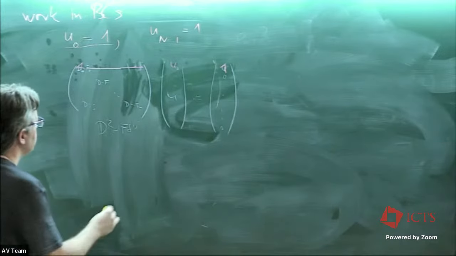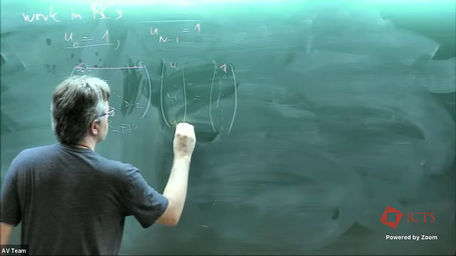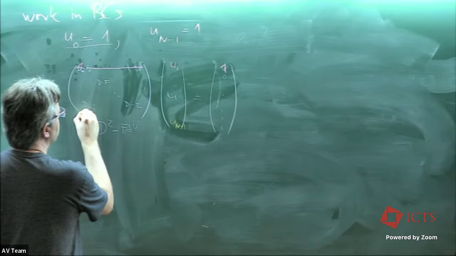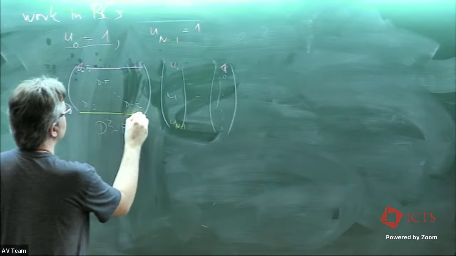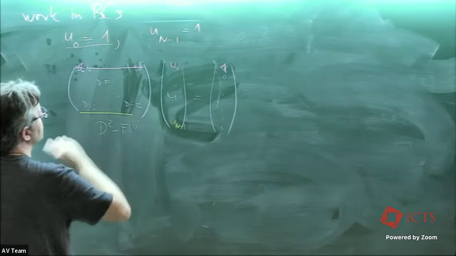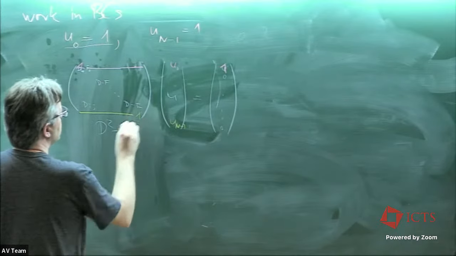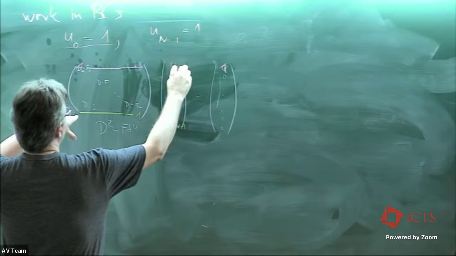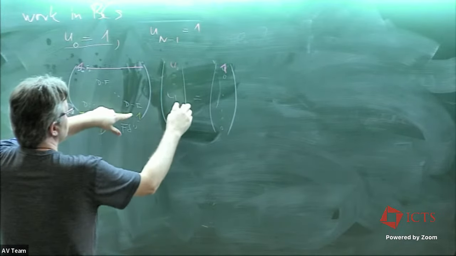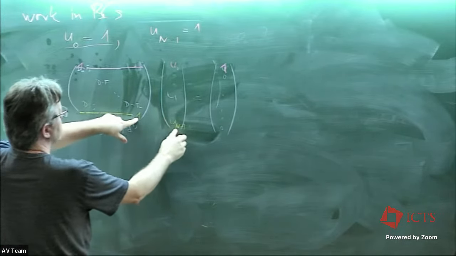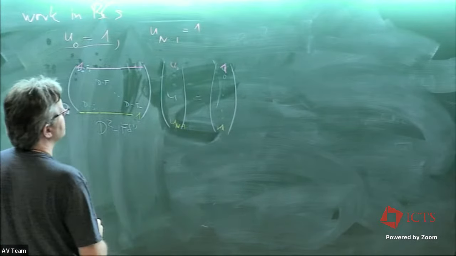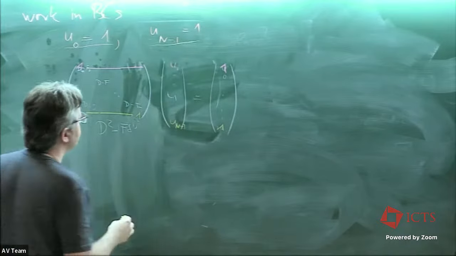And we can play the same game with the last equation, u_{n-1}. Again, we take out the relevant numbers from our original differential equation matrix, put a 1 into the corner. Now we have 0, 0, 0, 0, 0, 0, 0, u_{n-1} equals 1. And that would be the second boundary condition.